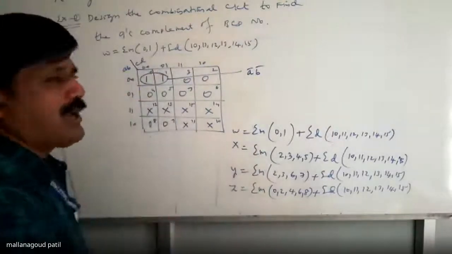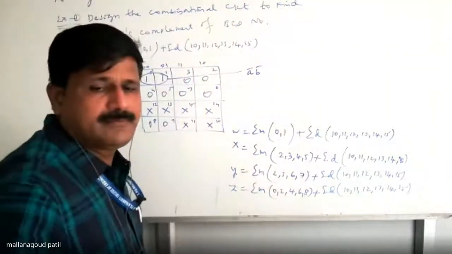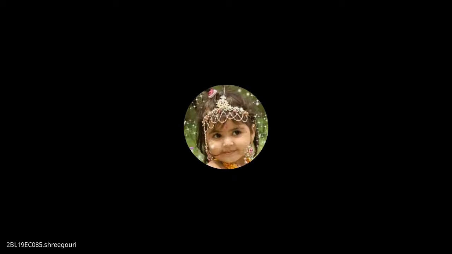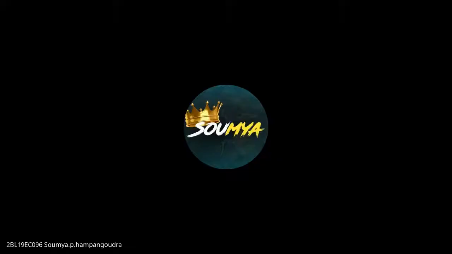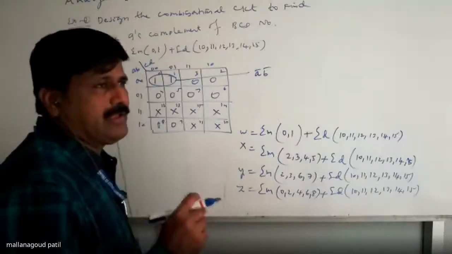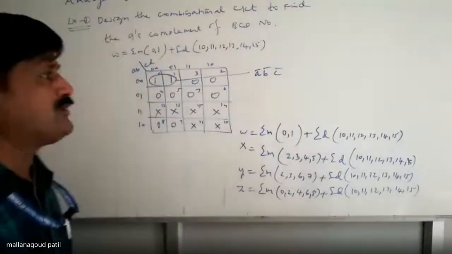Then how many columns are covered? 2 columns. Which is the common address bit? 0. It belongs to which input? C. The representation will be C bar, because that is 0.